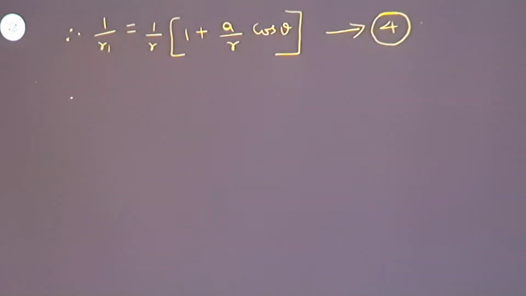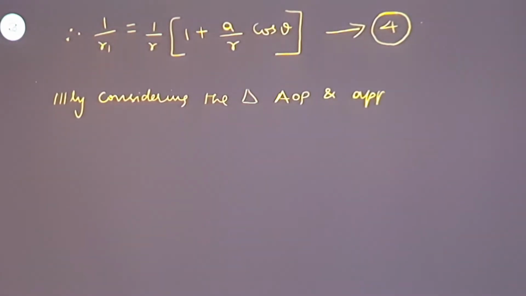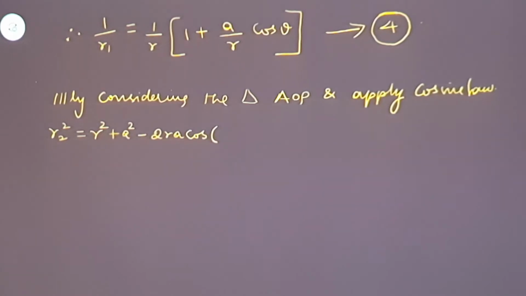So I have to write again, similarly, considering the other triangle, AOP, and applying the cosine law. Applying the cosine law means we have to determine R2 square. So R2 square is equal to again R square plus A square minus 2RA into cosine of the angle.